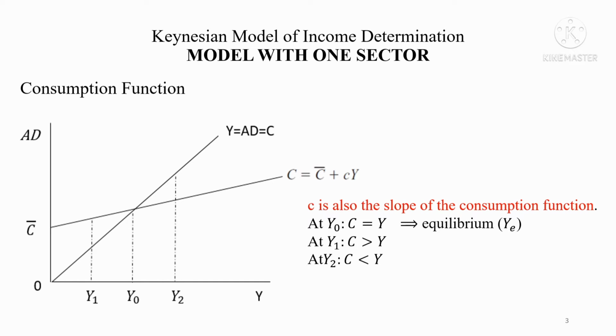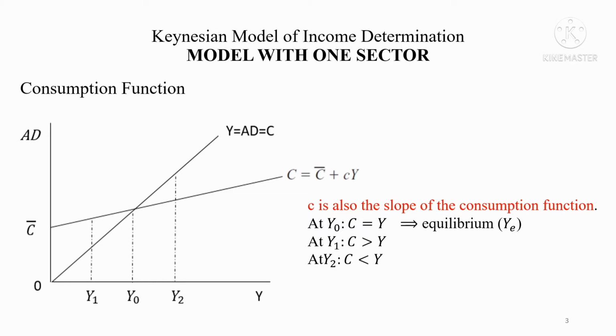Thus, there is positive saving. While at Y sub 0, the consumption line touches the income line. This means that income of the household is just equal to their consumption expenditures. Thus, saving is 0.